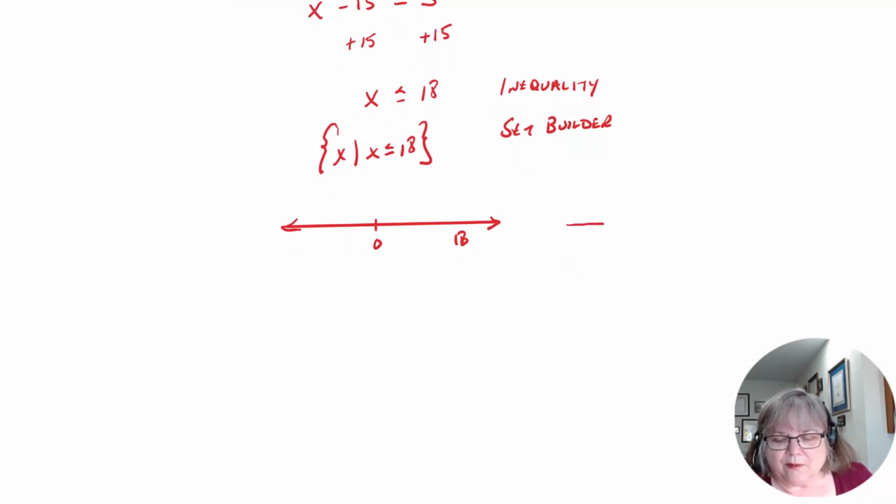Depending on whether you're using the dot or the brackets, a lot of it depends on are you doing computerized homework and what your teacher wants. So I want to include the 18. If I was using a dot, I would color it in. And I want the x's that are less than or equal to 18, and those go this way.